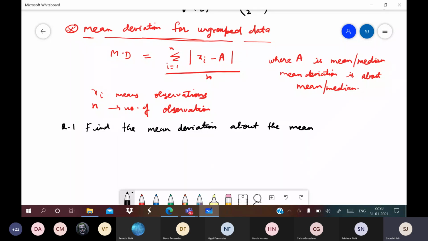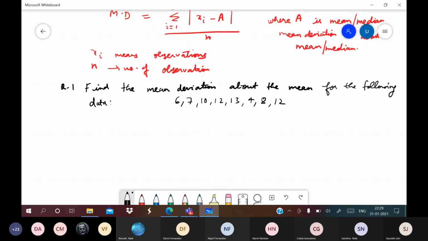In this question they are asking the mean deviation about the mean, for the following data, and the data is here. Okay, this is the data.